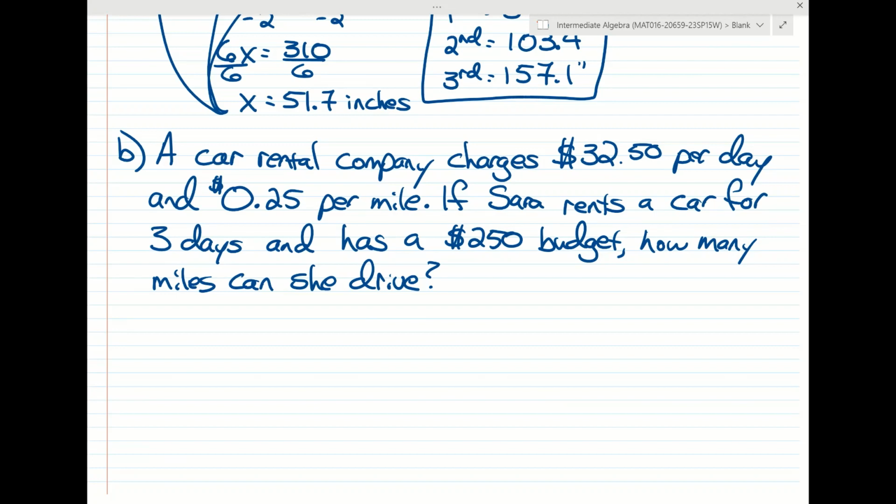Okay. So let's try to convert English to math now. It looks like we have some cost. And the cost is going to be $32.50 per day plus 25 cents per mile.